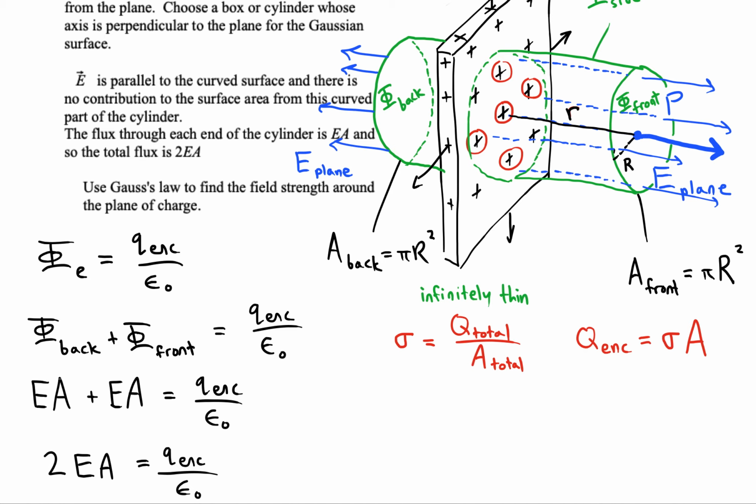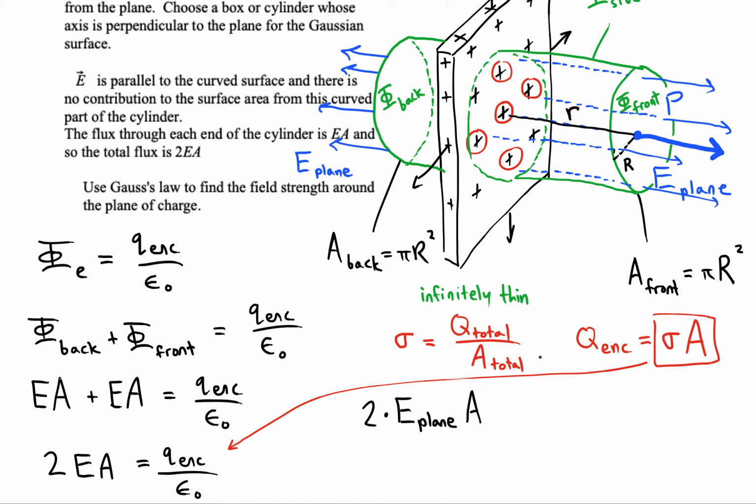Now we can take our result that we got and plug it in here. We'll get 2 times the electric field of a plane times the area of the cap of the cylinder equals sigma times the area of the cap of the cylinder over epsilon naught.